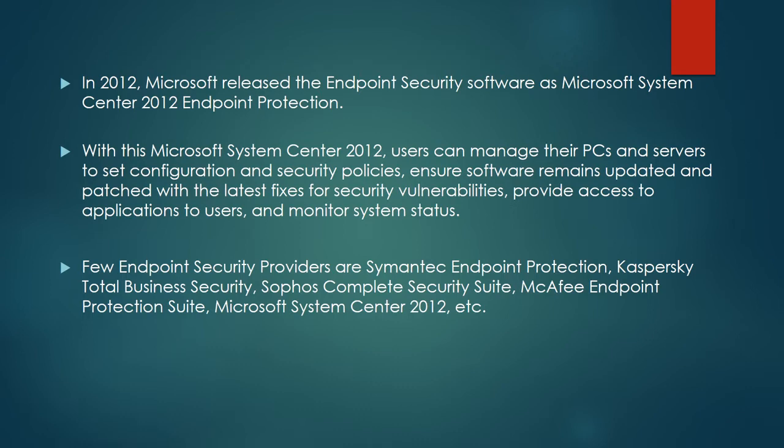With this, users can manage their PCs and servers to set configuration and security policies, ensure software remains updated and patched with the latest fixes for security vulnerabilities, provide access to applications to users, and monitor system status. A few endpoint security providers are Symantec Endpoint Protection, Kaspersky Total Business Security, Sophos Complete Security Suite, McAfee Endpoint Protection Suite, and Microsoft System Center.